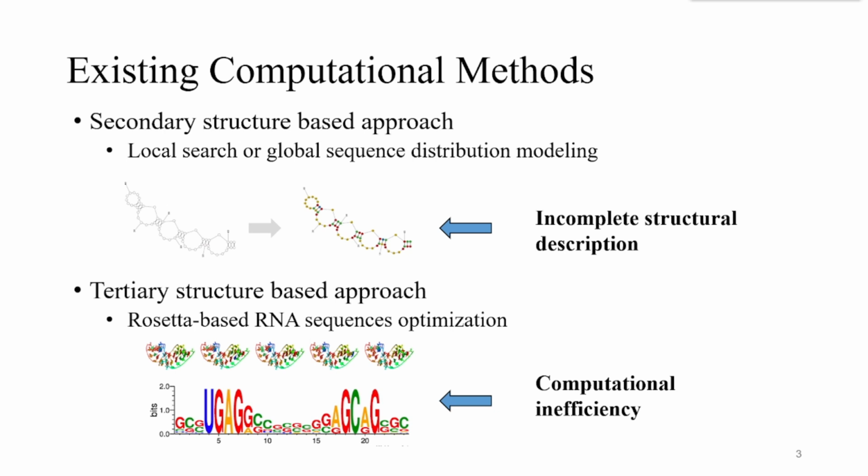The pioneering work, Rosetta-based RNA sequence optimization, applies a physically based approach to optimize RNA sequences and match the fixed backbones. But it is still constrained by the local design strategy and computational efficiency.